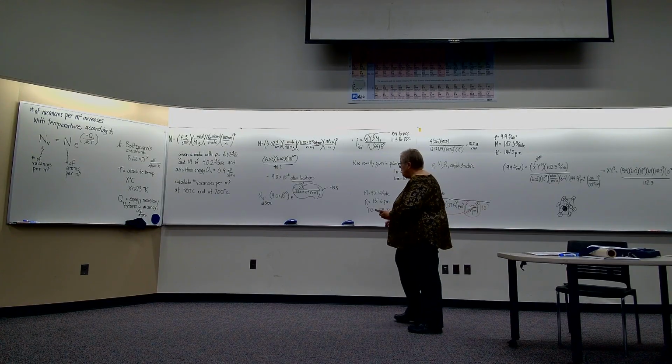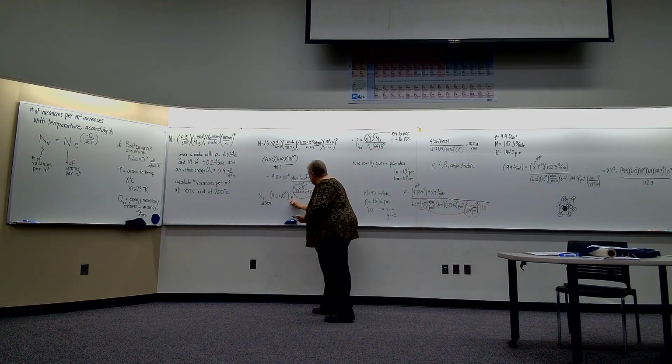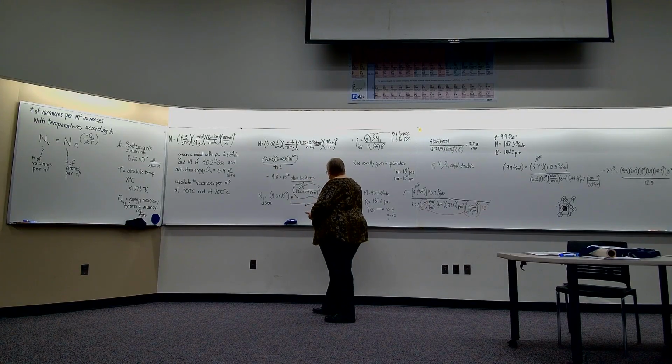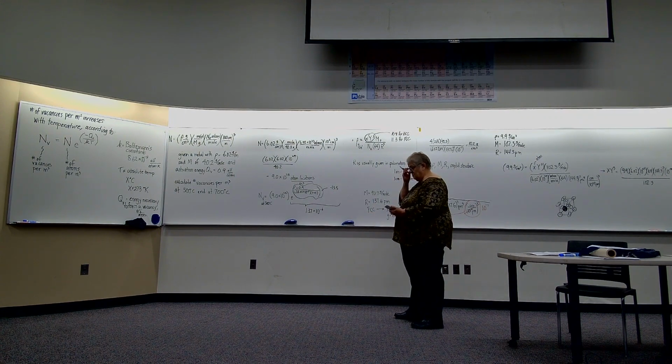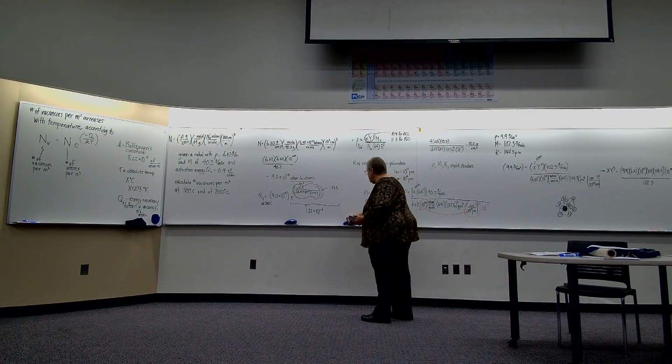E to that power, all of this together, is 1.37 times 10 to the negative 6. So I've got 1.23 times 10 to the positive 22 as the number of vacancies.